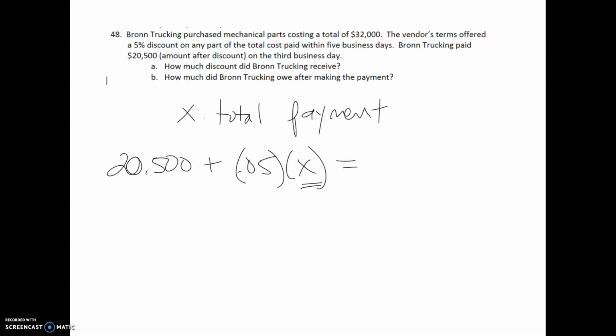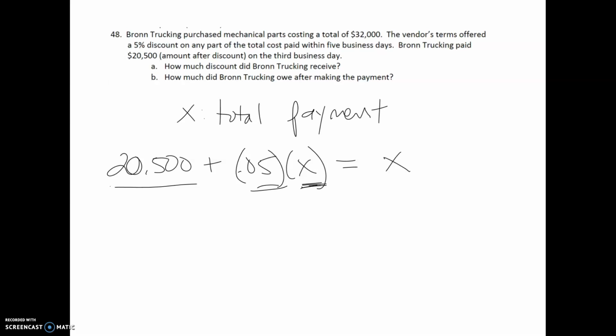We're thinking it's a bit bigger than 20,500, right? So 20,500 plus 5% of something a bit bigger than 20,500 should be the total payment. That's how much they paid. Maybe 22,000 or something like that.